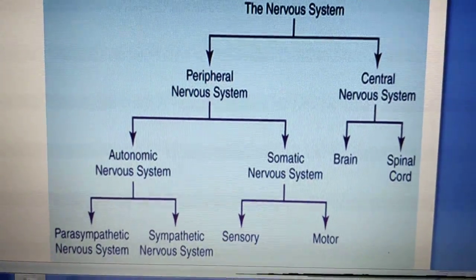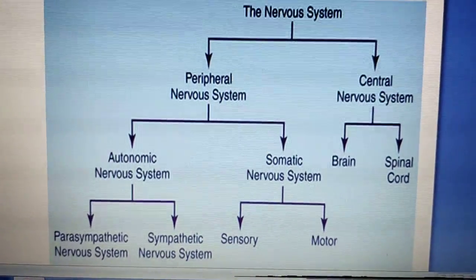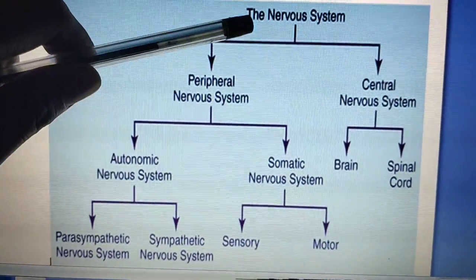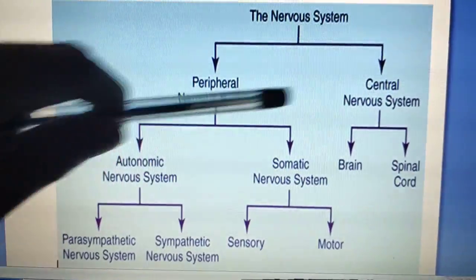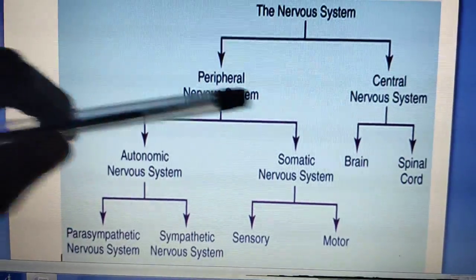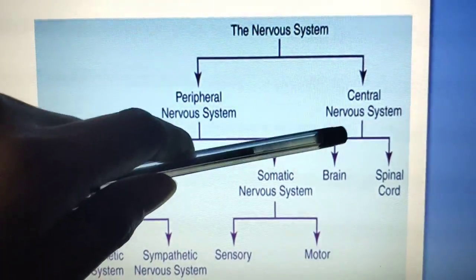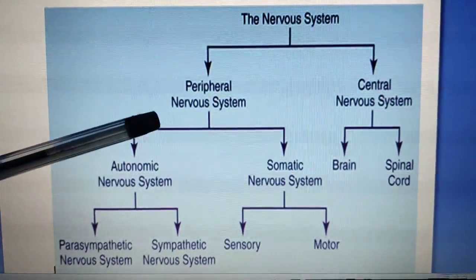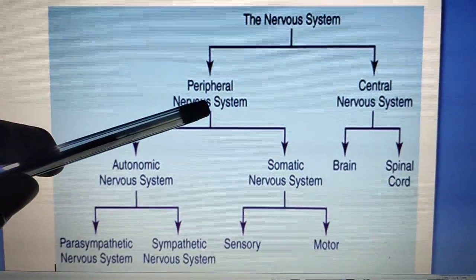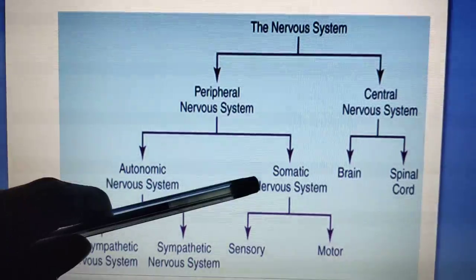So mainly we should focus on the classification here. The nervous system is classified into two types, the central nervous system and the peripheral nervous system. The central nervous system is composed of the brain and the spinal cord, whereas the peripheral nervous system is further divided into the autonomic nervous system and the somatic nervous system.